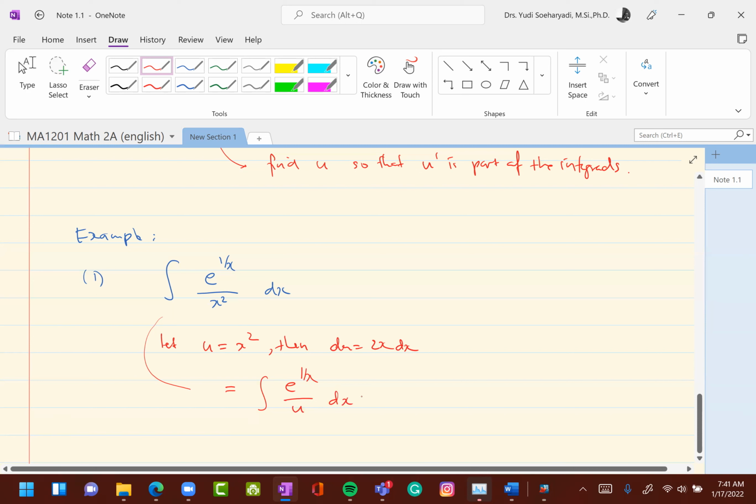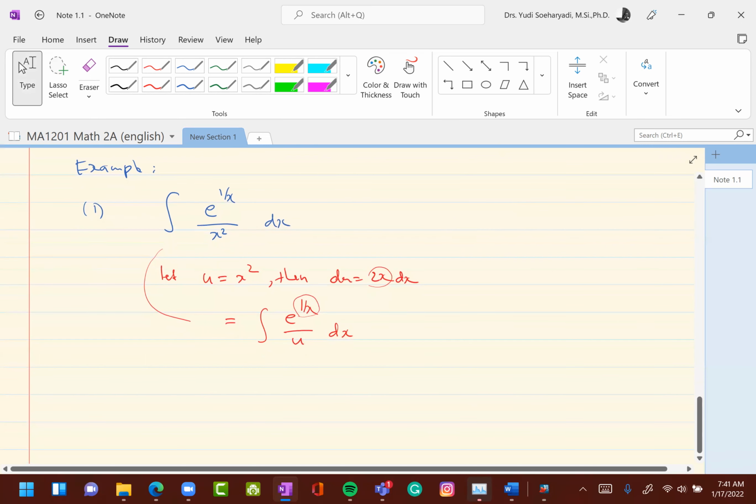So the thing here, x does not appear as part of the integrand. Yes, it does, but this is just in terms of 1 over x. So it's not just x, it's 1 over x. It's not that it is wrong, but it won't work.